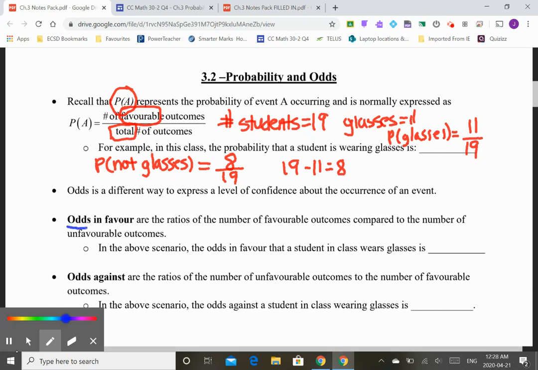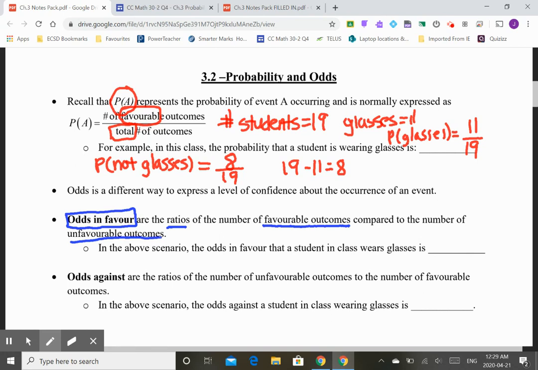The first kind of odds we're going to talk about are odds in favor. Odds in favor are the ratios of the number of favorable outcomes compared to the number of unfavorable outcomes. So that's different than probability in two ways.